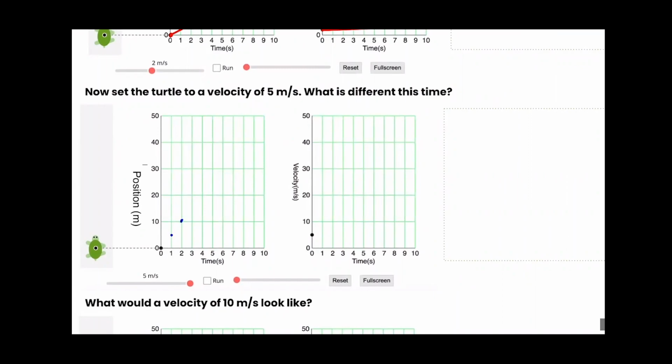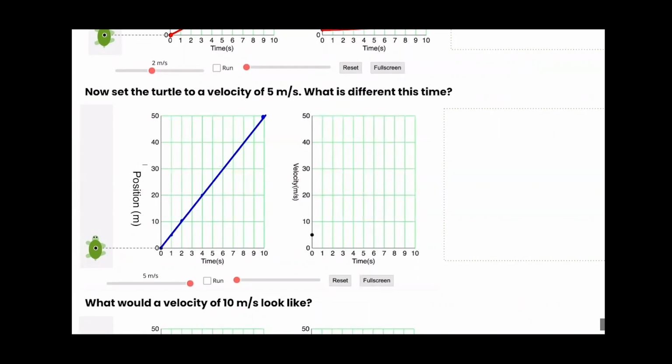And so this pattern goes on, and then the turtle will end up at a position of 50 meters at the very end. And so we'll see that the turtle has this line as it's moving forward to 50 meters.